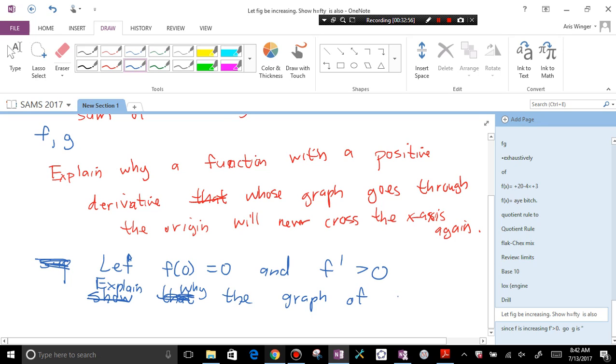Does it have to be the origin? Because it could be any point on the graph. It could be. I like the origin. So usually if an explanation has nothing to do with the point in question, we usually just pick the origin. Okay. Explain why the graph of f never crosses the x-axis again.